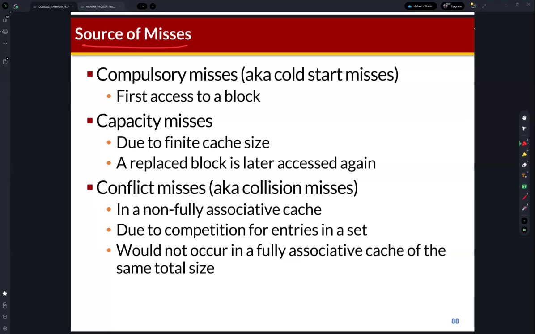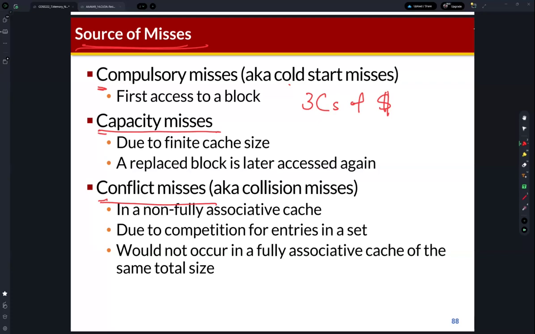This is called the sources of cache misses, and it is also called the 3Cs of cache, because the sources of cache misses start with C. There are three types of cache misses: compulsory misses, also called cold misses, then capacity misses, and then conflict misses.